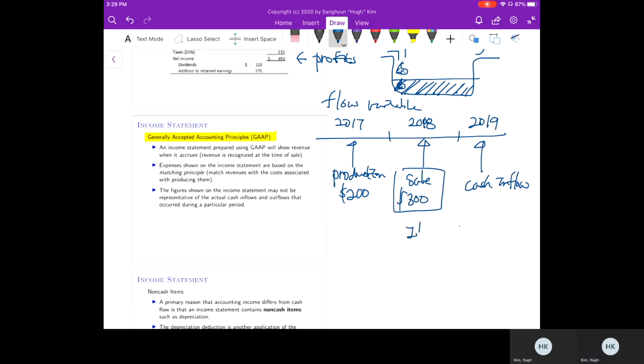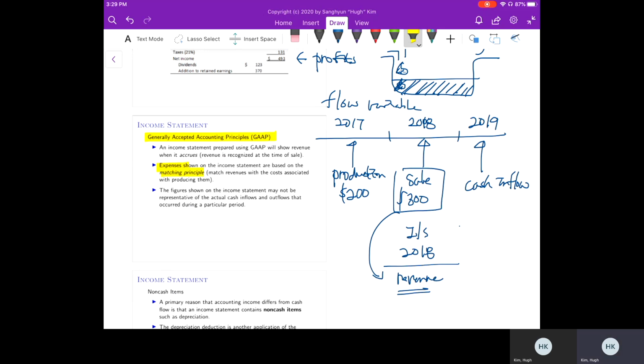So in the income statement for 2018, this revenue will be recognized for 2018, not for 2019. Also, the expenses shown on the income statement must be based on what is called the matching principle.